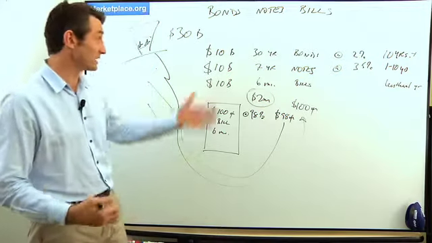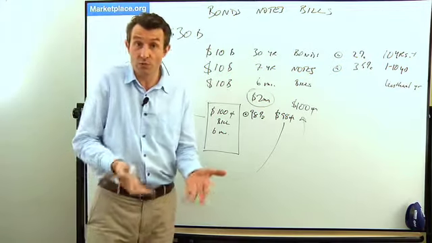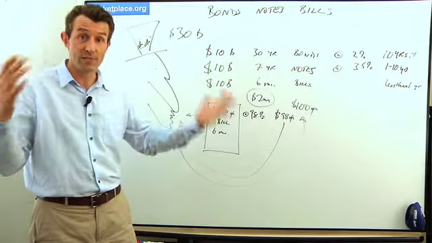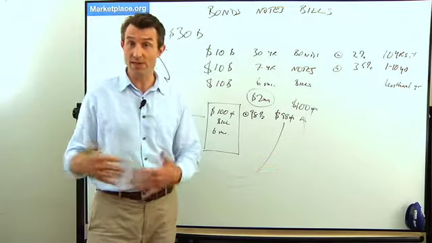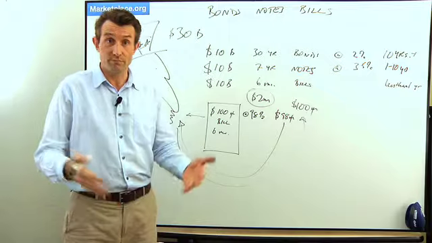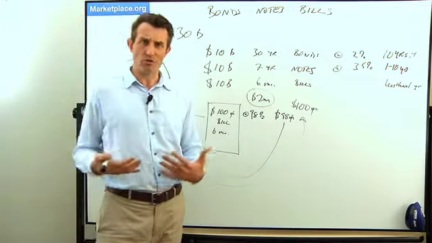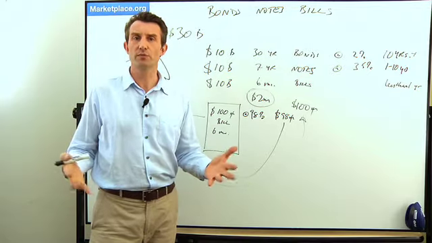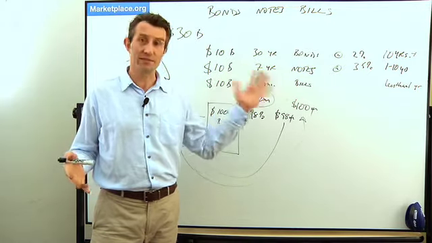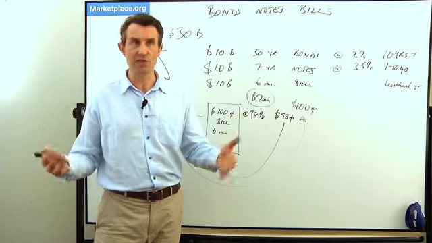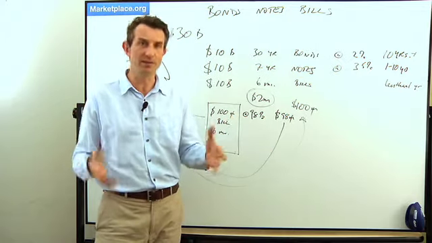So who's buying these bonds, notes, and bills? Well, as I said, it's all sorts of people, everybody from the Japanese government right down to, well, me. I can buy treasury bonds if I want to. And why would I want to? Well, there are a number of reasons. The first reason is because I think it's safe. Say I'm an investor and I'm looking at the market now and I think things are a little bit dodgy.